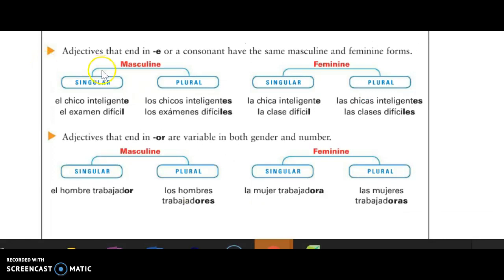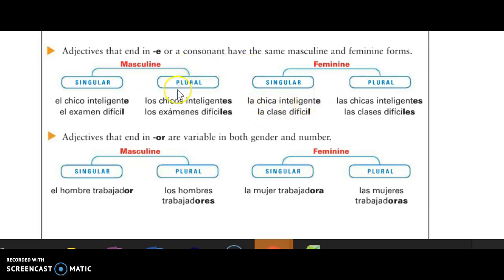And adjectives that end in E or have a consonant have the same masculine and feminine forms. So you'll see here, for instance, el chico inteligente, which means the smart boy or intelligent boy, is also the same in the feminine singular, la chica inteligente.